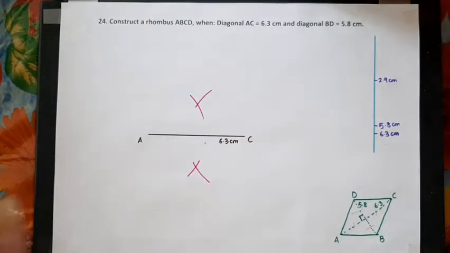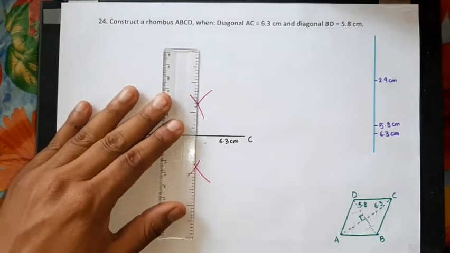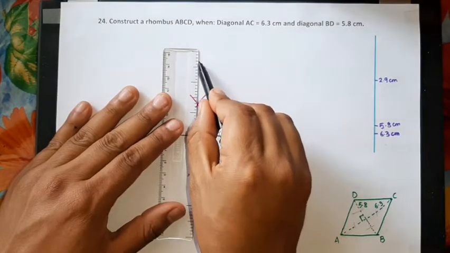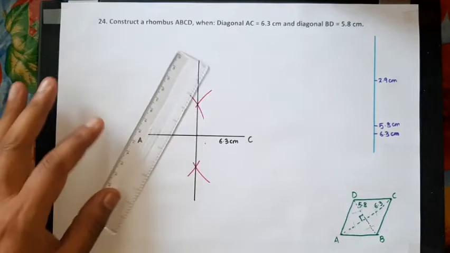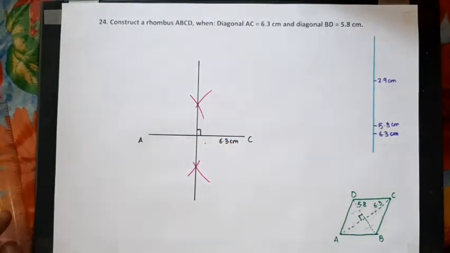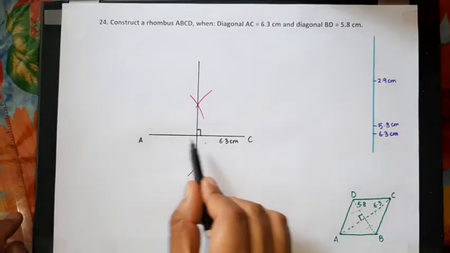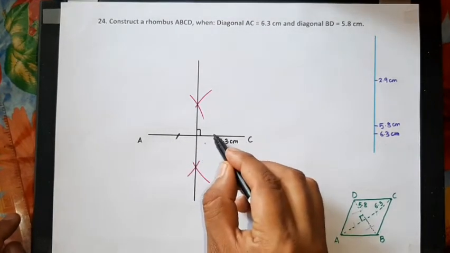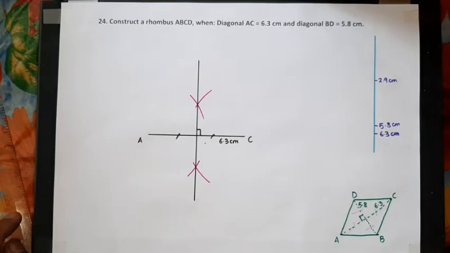Okay, and let me join this one. Okay, so this is perpendicular, right? So this is 90-degree, and on top of that these two both will be equal. Okay, and if you measure you will find this to be 3.15.